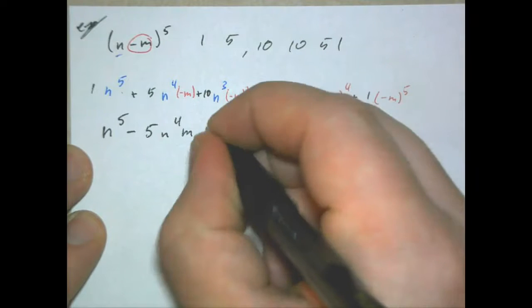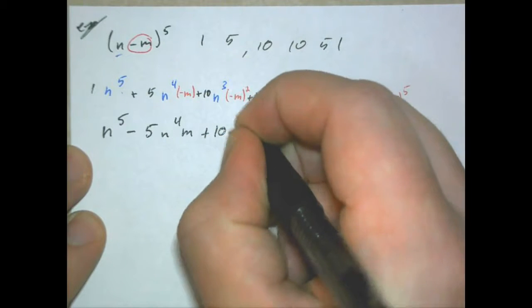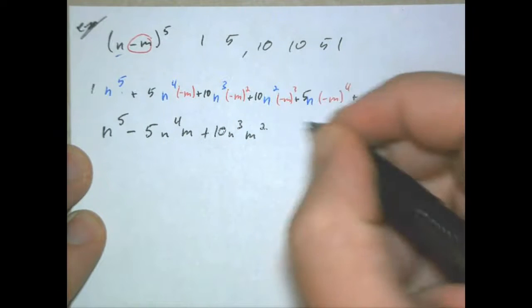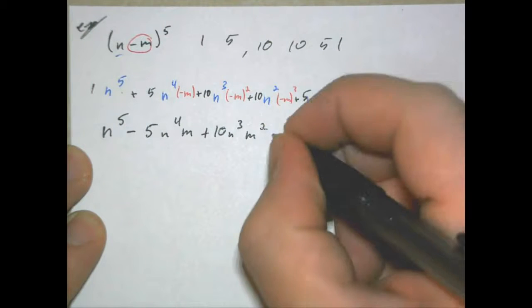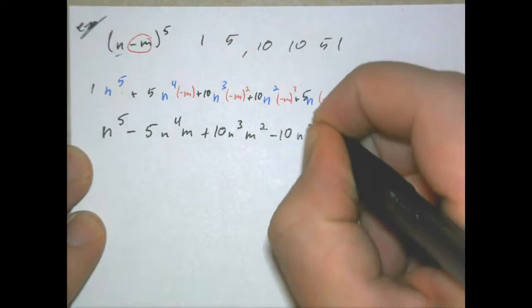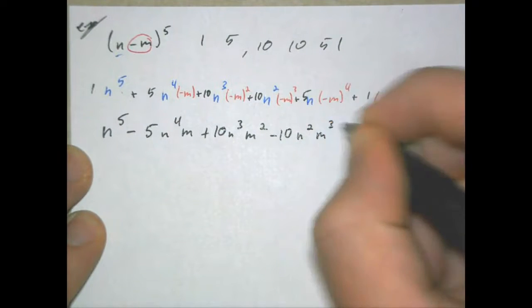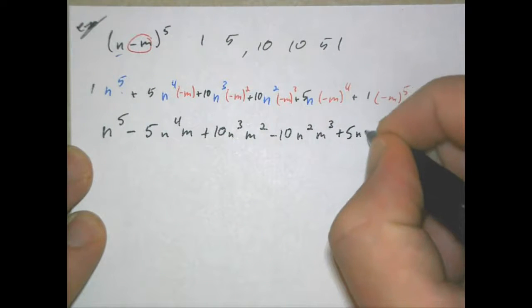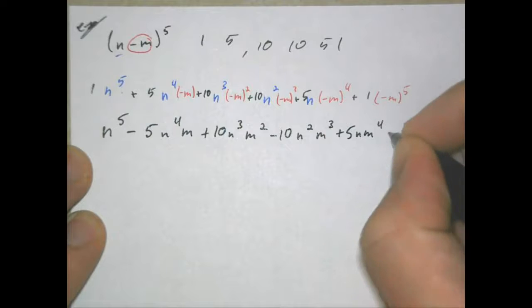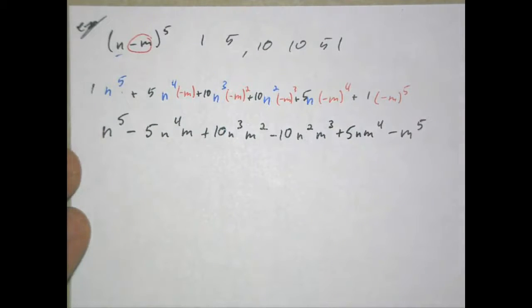So I have plus 10n cubed m squared. Go down to the next term, that will come out negative. So I have minus 10n squared m cubed plus 5n m to the 4th minus m to the 5th.